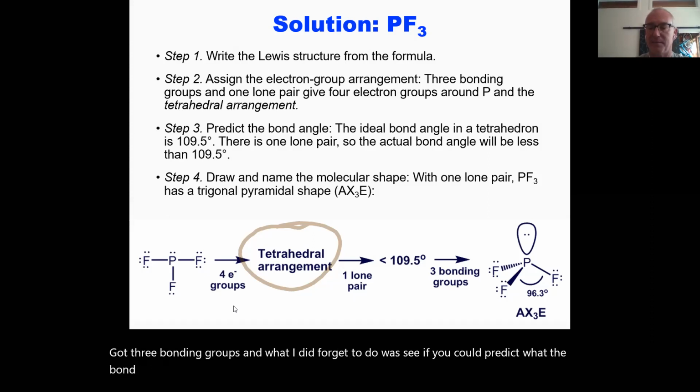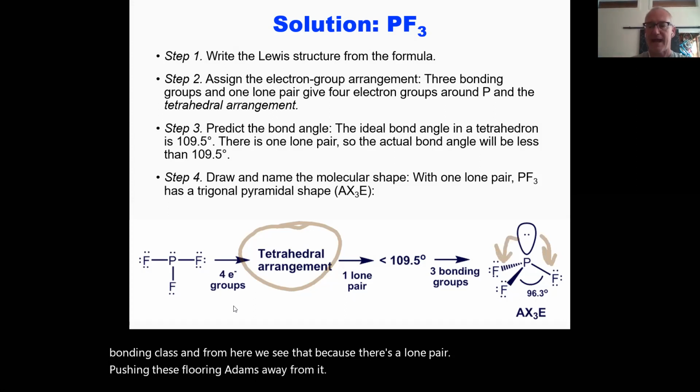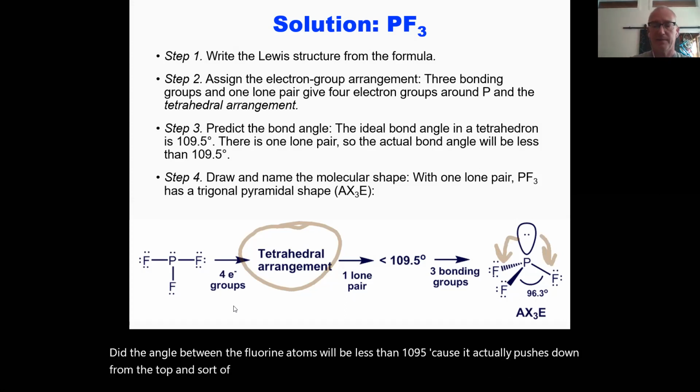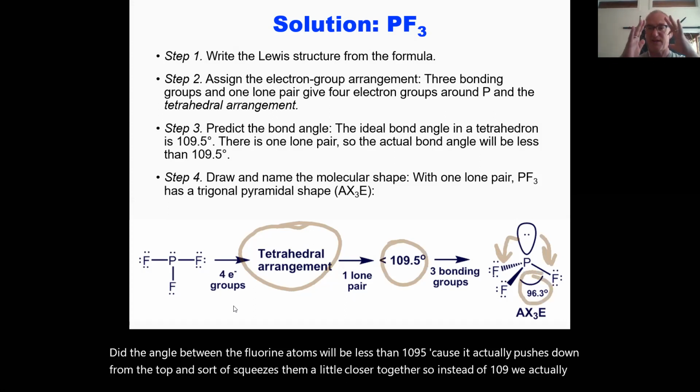From here, we see that because there's a lone pair pushing these fluorine atoms away from it, the angle between the fluorine atoms will be less than 109.5, because it actually pushes down from the top and sort of squeezes them a little closer together. So instead of 109, we actually have 96, pushing them in about 13 degrees.